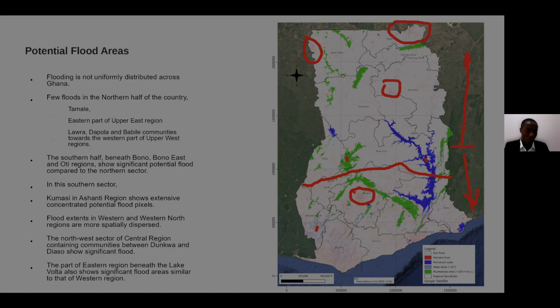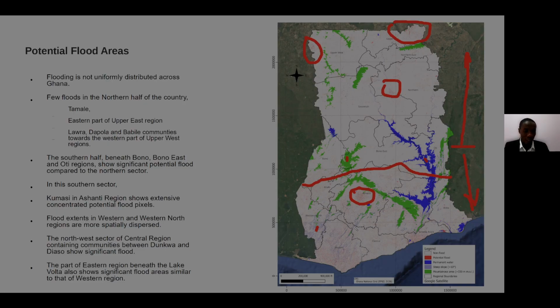A similar thing also happens in Eastern region. The flooded areas are much dispersed, spatially distributed, and not so concentrated. In Central region we see a small amount of flood as compared to, for instance, Western region, Ashanti region, and Eastern region.